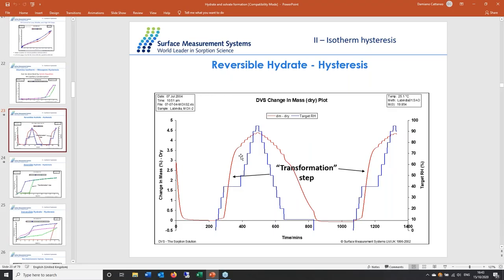That criteria allows us to set a value of equilibrium that we call, let's say, equilibrium condition of the mass. And what the system does is it will run the experiment to that relative humidity condition, until the mass reading of the balance is below the criteria that we set. Once it's below that criteria, it considers the sample at equilibrium, and then it moves automatically to the next stage.